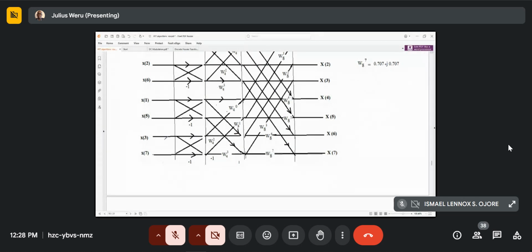Whatever is here, you multiply. Whatever is here, you add the 2, and here you subtract them. So is that okay for everyone? I think that's okay for everyone. Yeah, that's just cosine and sines of pi.